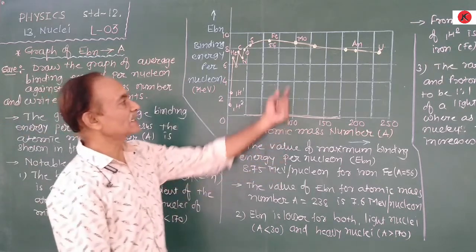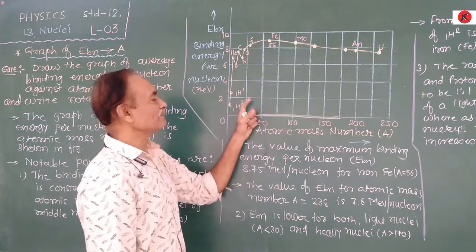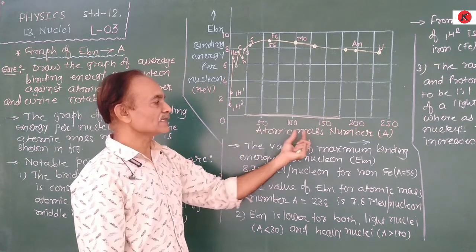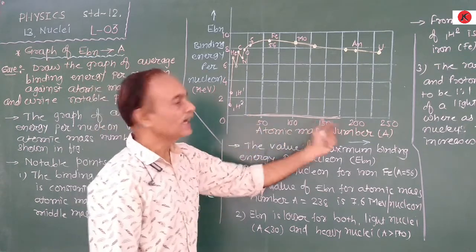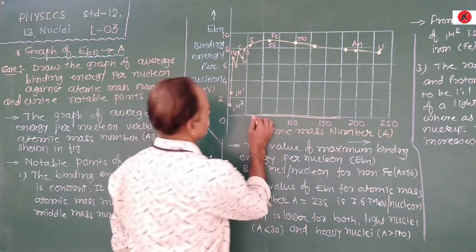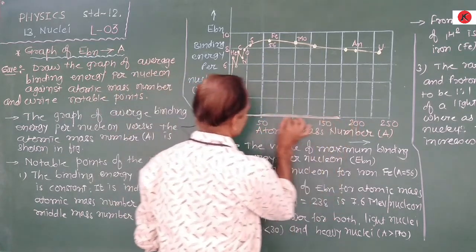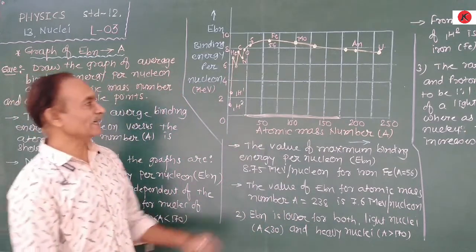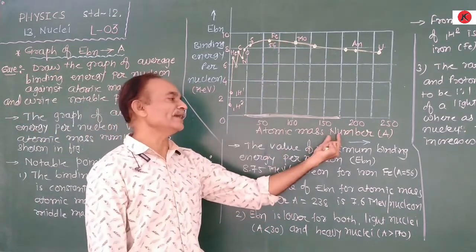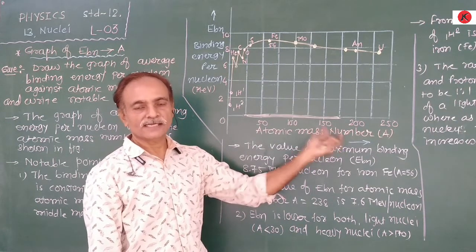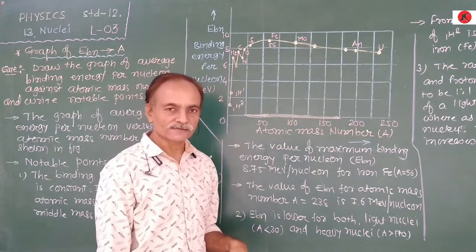As we just discussed, the binding energy per nucleon of atoms having atomic mass number greater than 30 and less than 170 is almost constant. Practically, it is independent of atomic mass number. Clear? So that is our first point.